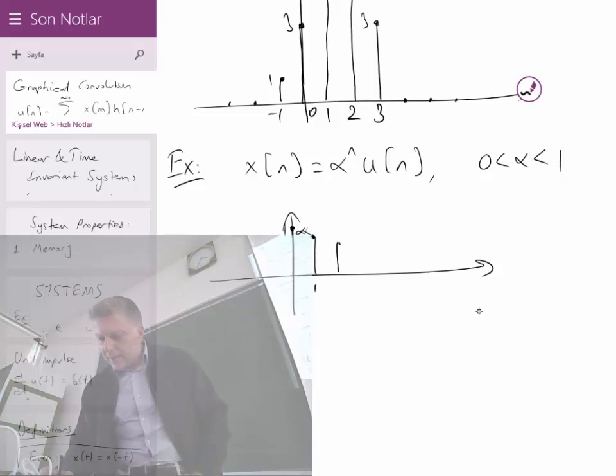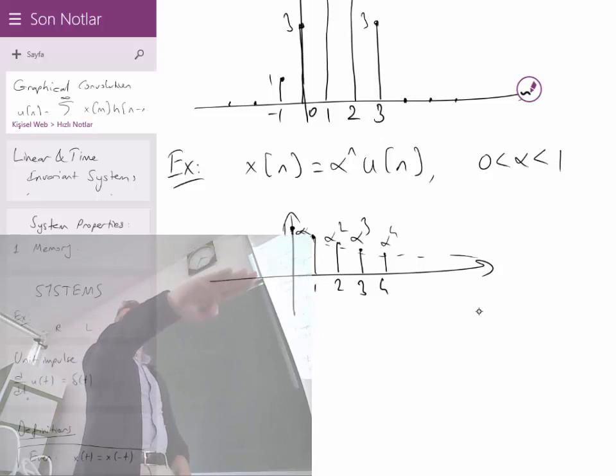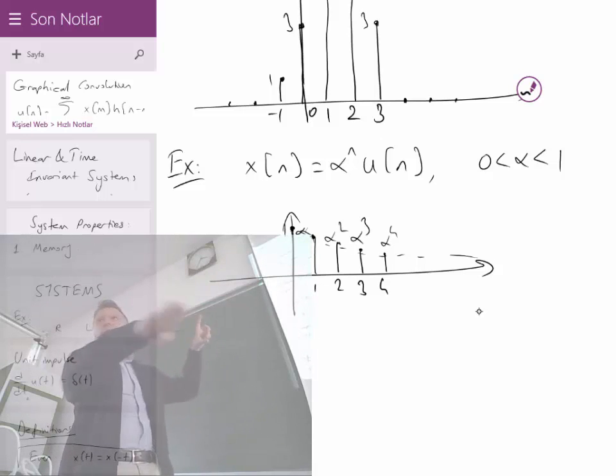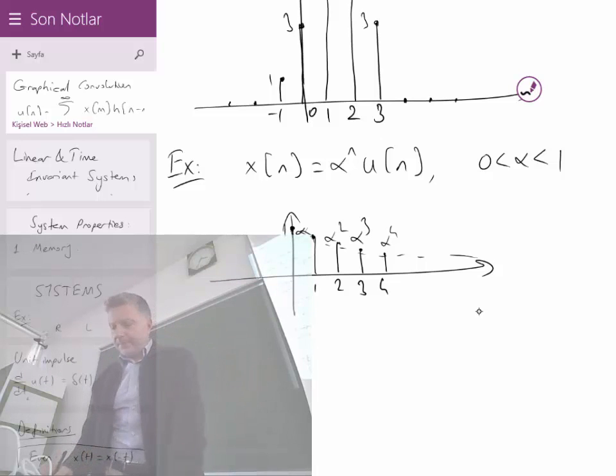And then alpha squared. And then alpha cubed. And then alpha to the 4, etc. And it's a decaying exponential, starting from 1 with a rate of alpha. That's what this input is all about.